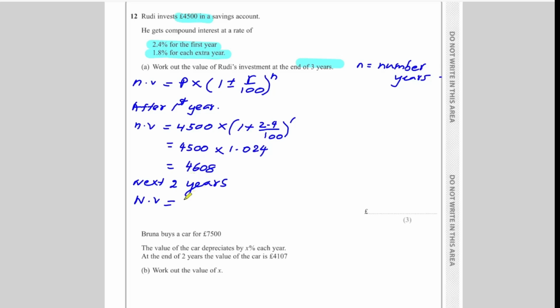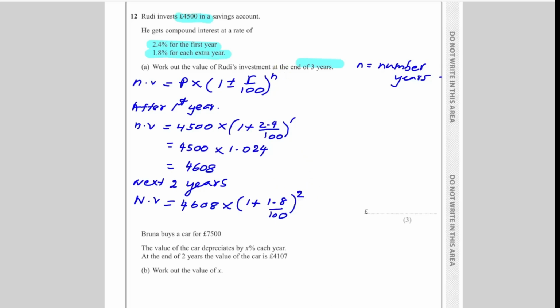Therefore, I'm taking my new value as 4,608 into 1 plus, this time the interest rate would be 1.8. The percentage is 1.8 over 100. Straight away substitute the values into this one. This is gaining 1 again. That's why I entered plus here. Number of years in this case 2.